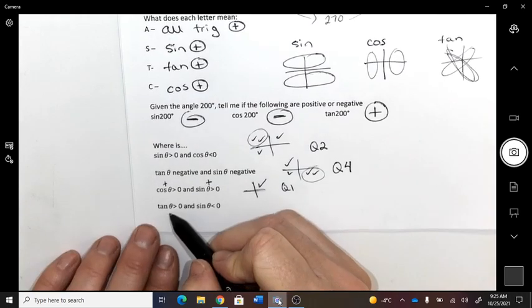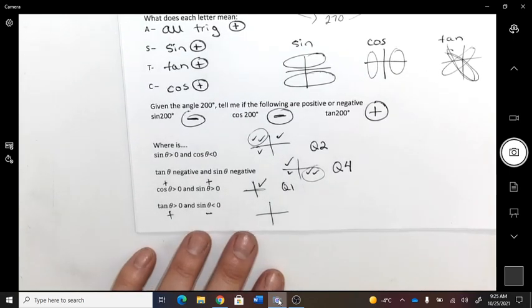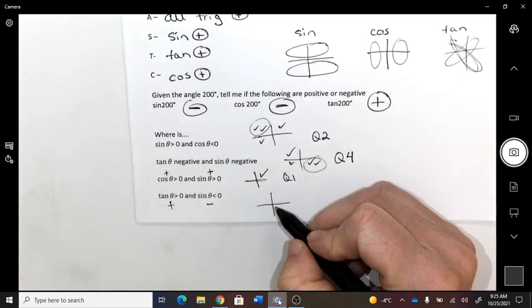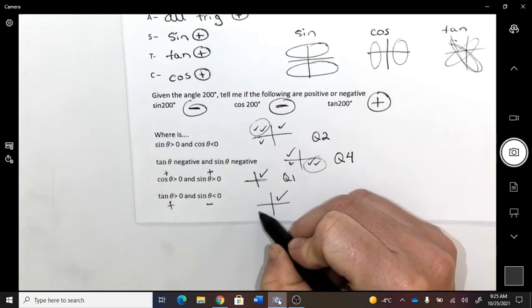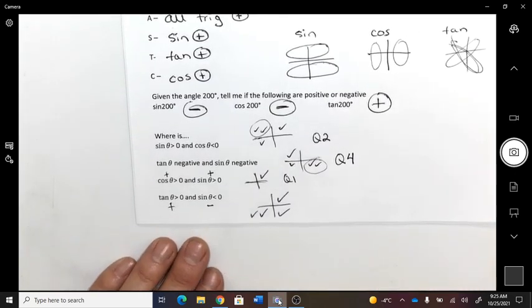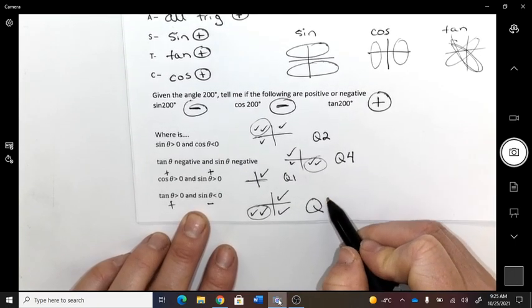Okay, last one, tan positive, sine negative. Okay, where is tan positive? Can you find me the two quadrants where tan is positive? Did you pick the A and the T, the 1 and the 3? And then where is sine negative? So that should be the bottom. So my final answer should be quadrant 3.